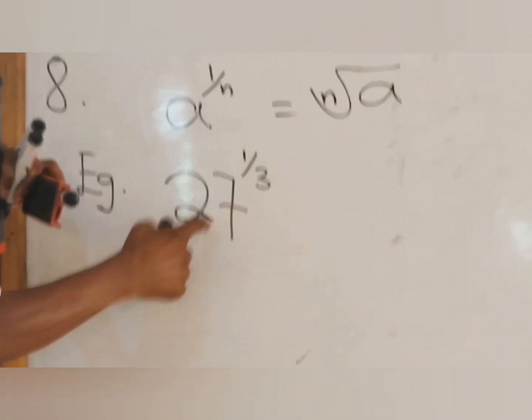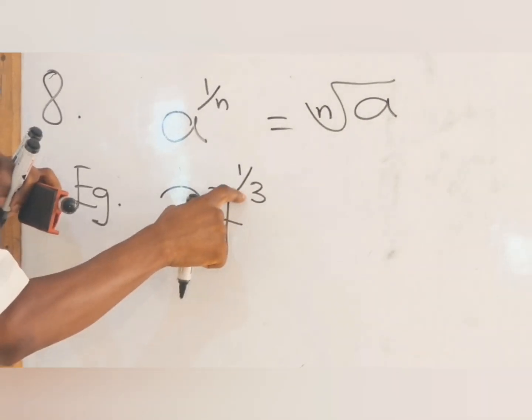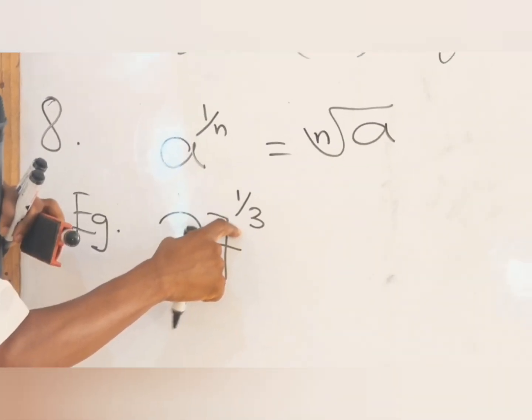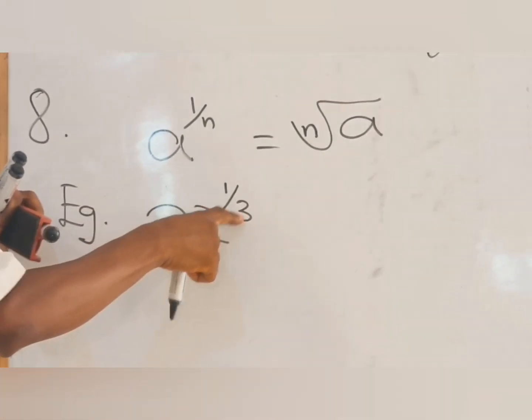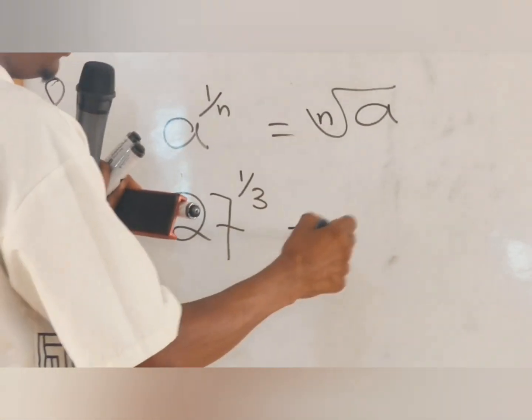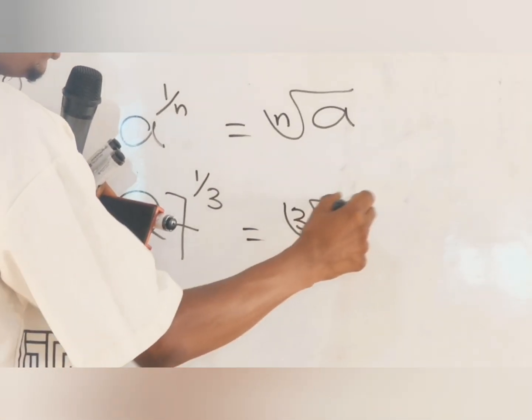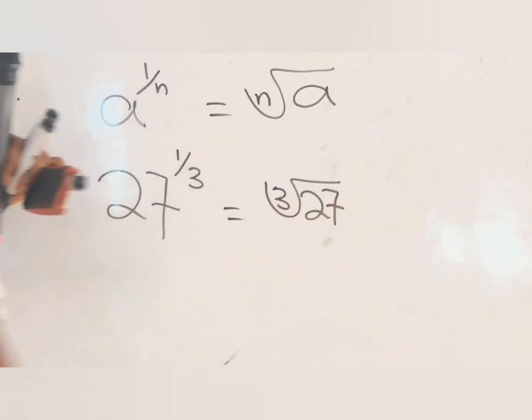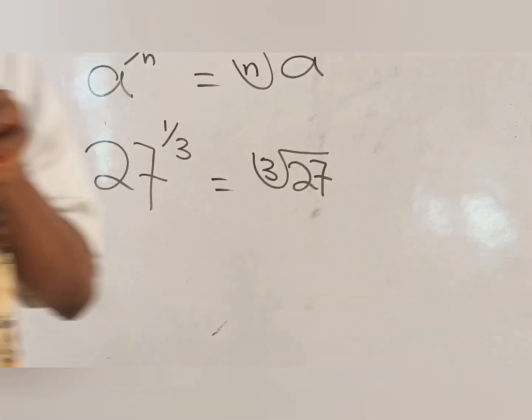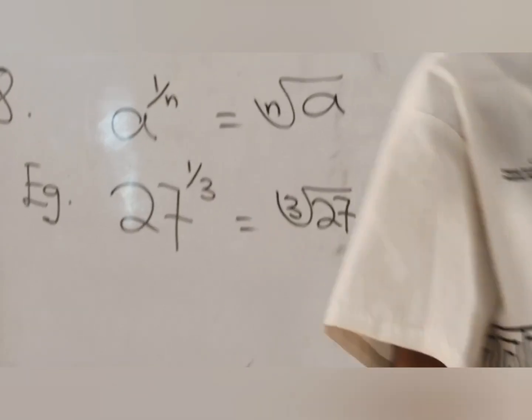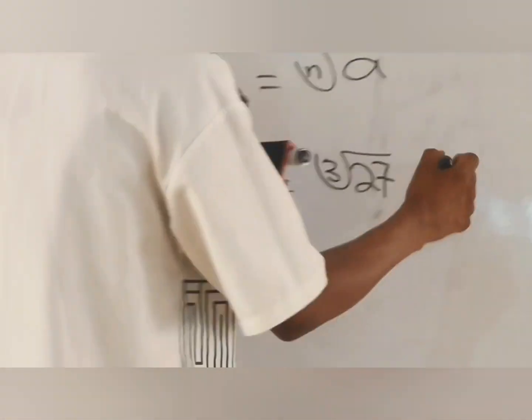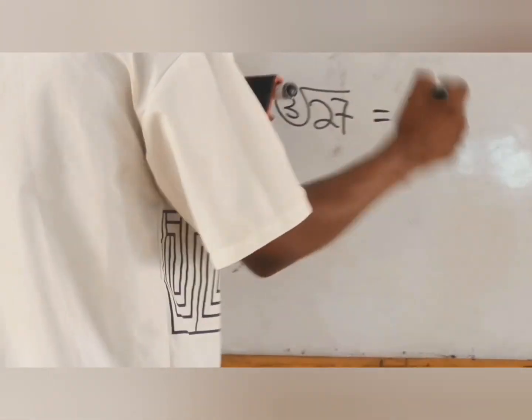Our number is 27 and the denominator of the index is 3, so we take the cube root of 27. What is the cube root of 27? It's 3.